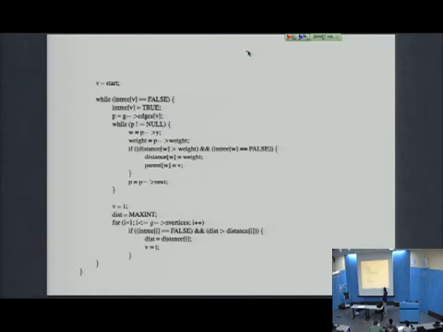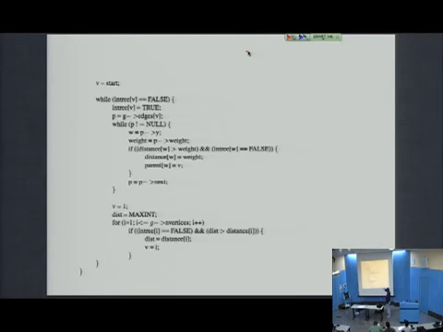We're then going to go through v's adjacency list, so while that is not nil, meaning for every edge in v's adjacency list, let's say w is the corresponding vertex. The weight is equal to that edge's weight.